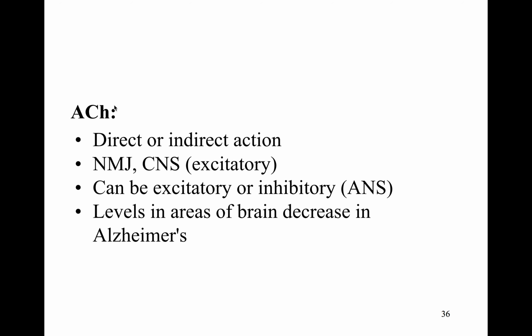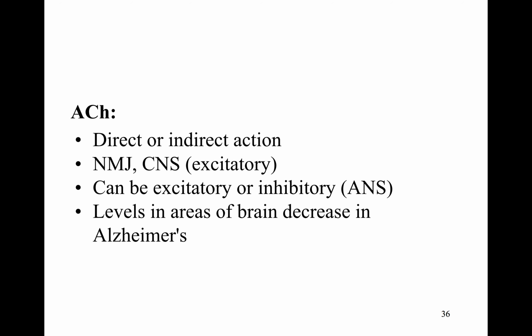So acetylcholine has direct or indirect actions. We're going to talk a little more about the mechanisms of action a bit later. But for right now, I want you to know that a direct mechanism of action means that acetylcholine is diffusing across that synaptic cleft and binding directly to its receptor on that postsynaptic membrane in order to cause that graded potential.